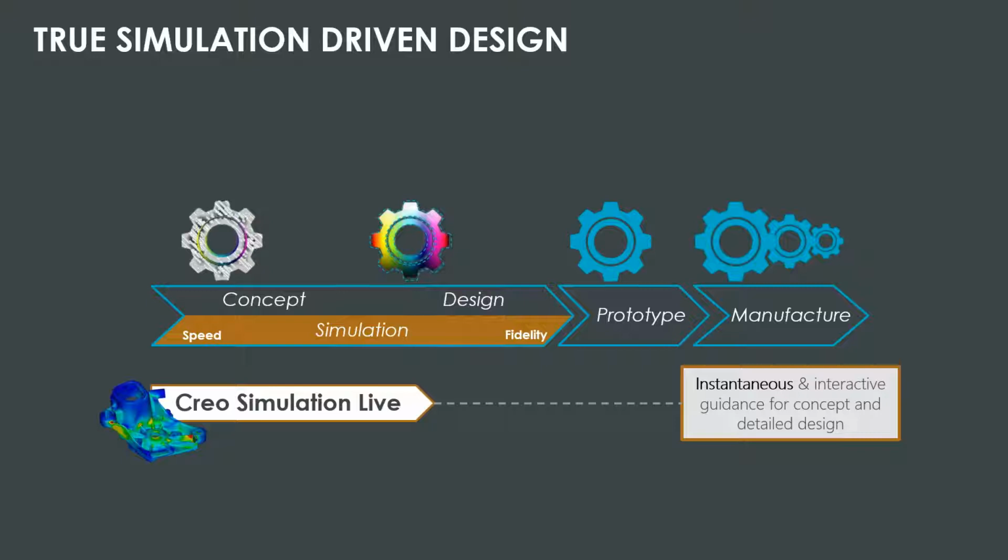That can still be done for very high fidelity nonlinear analysis, which still has a place for the analyst. But this is mainly for the design engineer that is using the CAD tool, which is Creo Parametric. It's fully integrated in there. Okay, so I'll show you some examples as we go here.